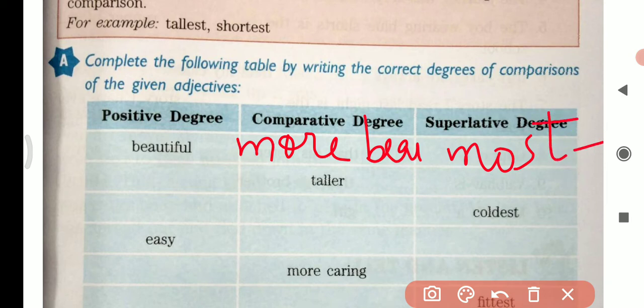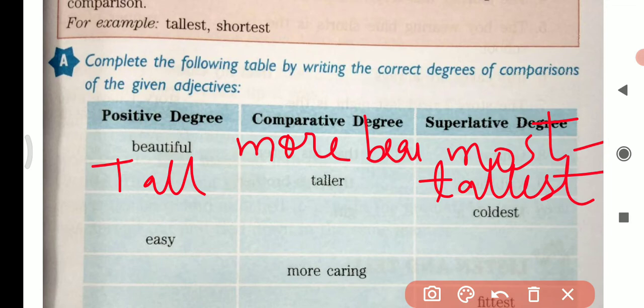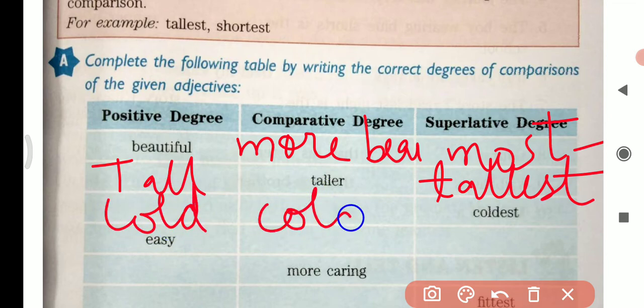Next, taller is given. So the positive degree will be tall, and the superlative degree will be tallest. Third one, coldest is given as a superlative degree. So the positive degree will be cold, the comparative degree will be colder, and coldest.